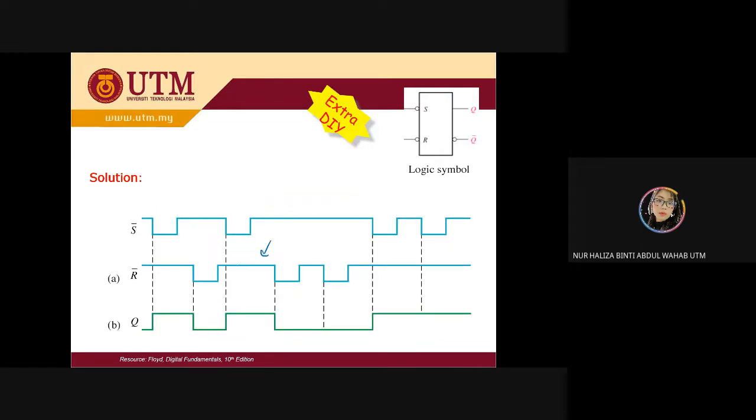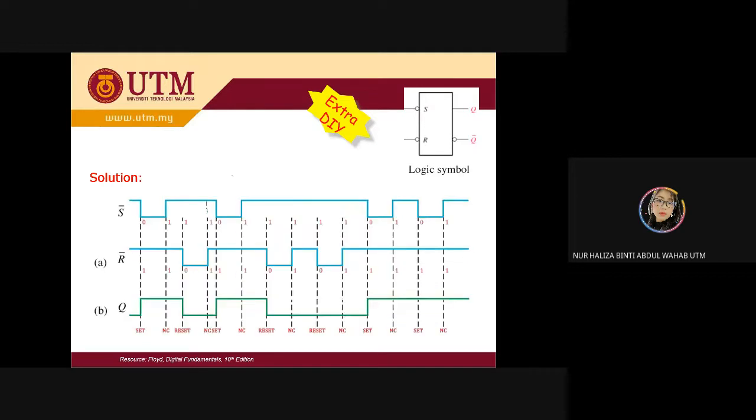In the example, it didn't show you the dotted line. Here is much more clear. You can see every single change you need to put, because you want to see basically what is happening between these two stages. You can see this is no change, this is set, no change, this set, and so on.